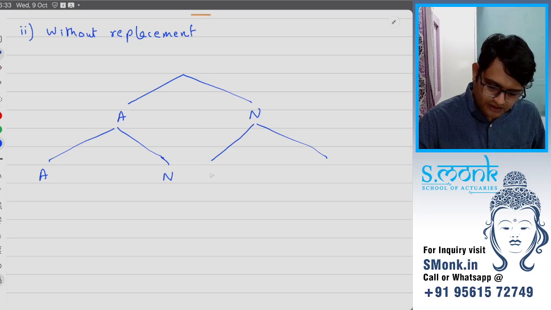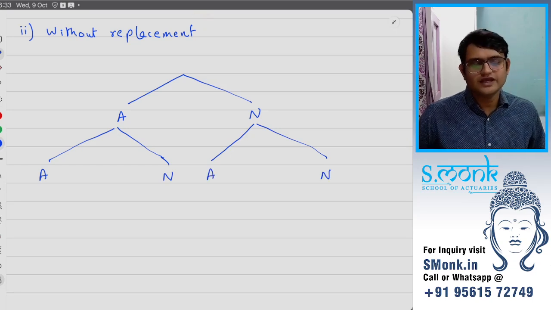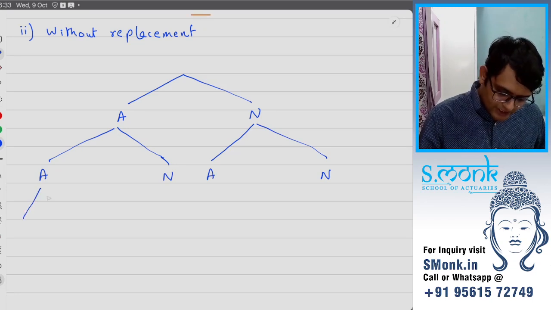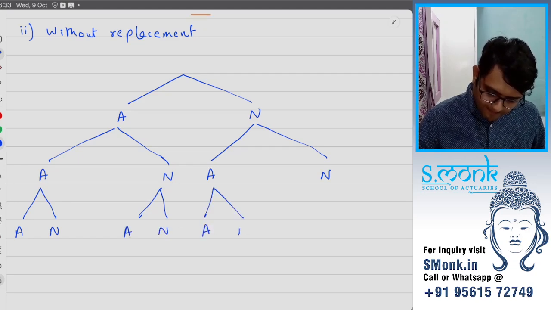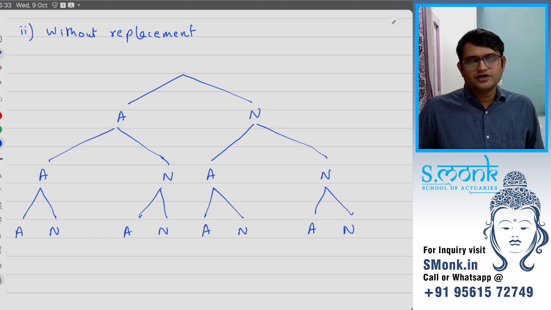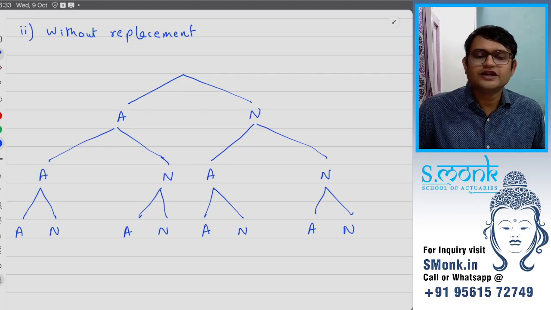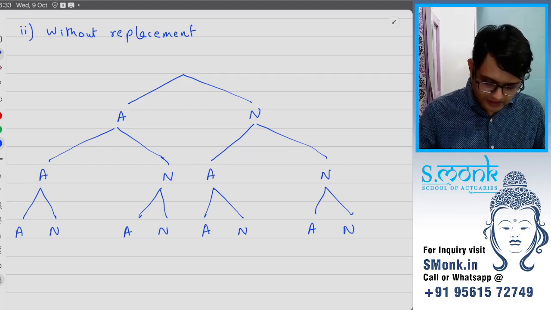Similarly here, ace, not an ace. This is the second card selection. In the third card selection, again I could have got an ace, not an ace. Now what I have done here is made a tree diagram. Why? I'll tell you right now.